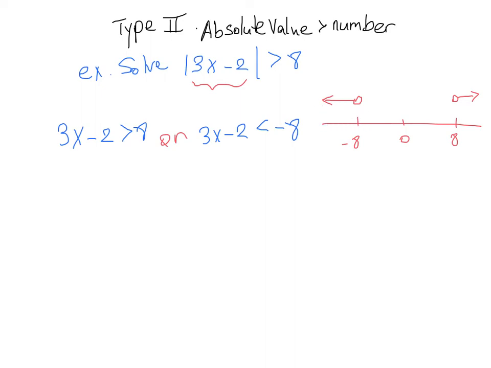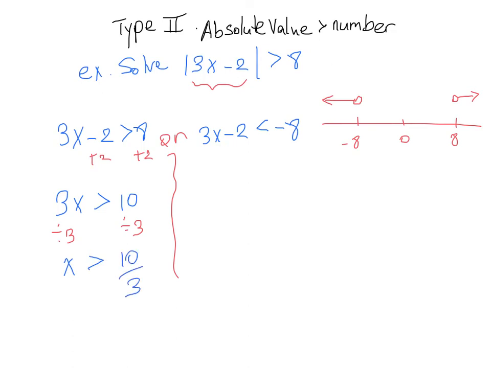So once we've figured out our two inequalities, now all we have to do is solve both. So let's do the one on the left side first. We can add 2 to both sides, and we get that 3x is greater than 10. Now we can divide both sides by 3, and we get that x is greater than 10 over 3. And that is one of our solutions.